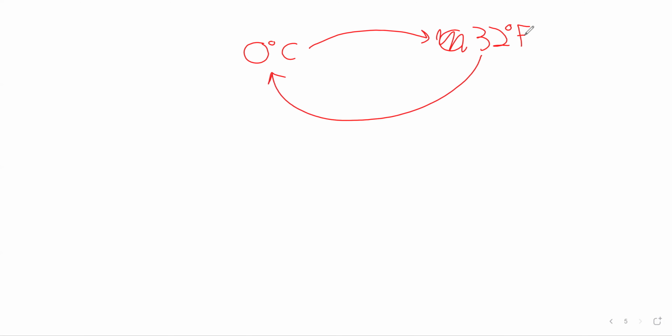If you take 0 degrees Celsius and convert it into Fahrenheit, and then take 32 degrees Fahrenheit and convert it back to Celsius, these 2 things undo each other, and we're back where we started at 0 degrees Celsius.